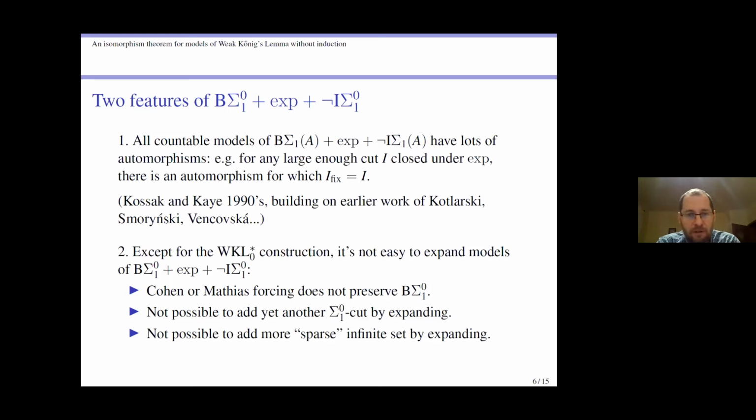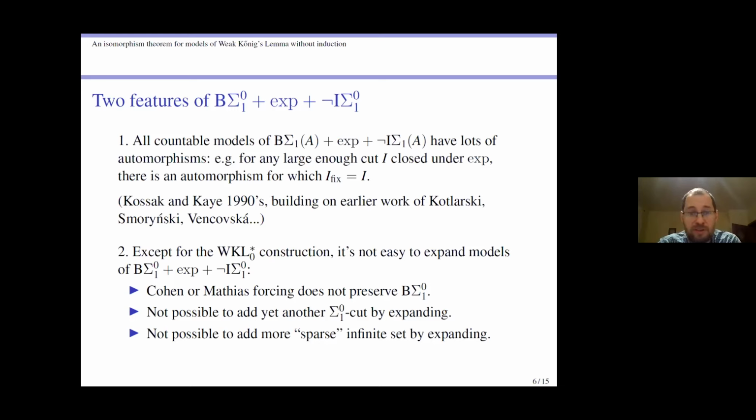So for every large enough cut that's closed under the exponential function, there's going to be an automorphism for which this is the initial segment of fixed points. And you can also put some extra constraints on the automorphism. You want to keep a fixed finite tuple in place and move something below some other point, and so on. So these things have lots of automorphisms.